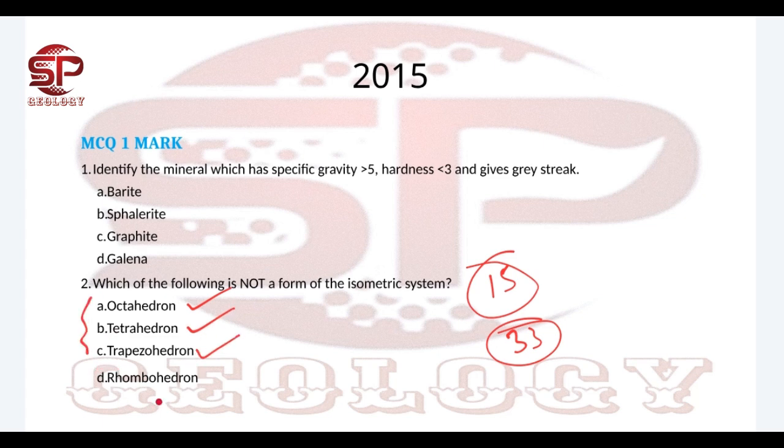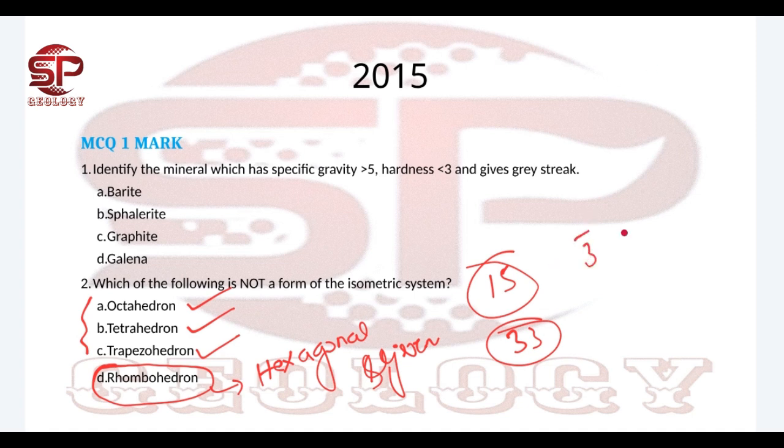So this is the rhombohedron. It is a non-isometric form that belongs to the hexagonal system. Rhombohedral form belongs to the rhombohedral class, which has symbol 3 bar. It's called rhombohedron. So the answer will be rhombohedron.